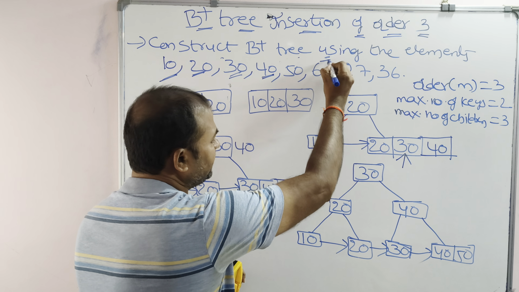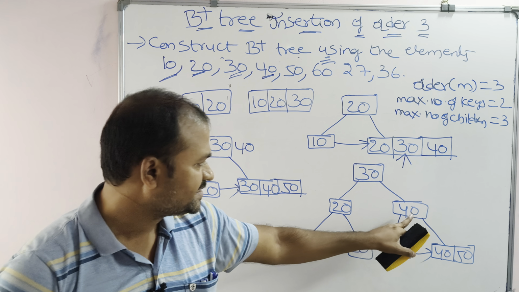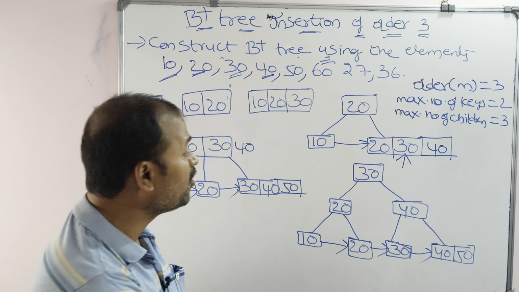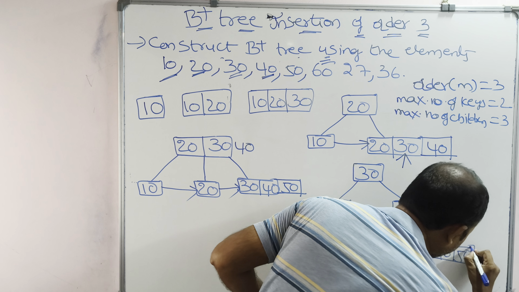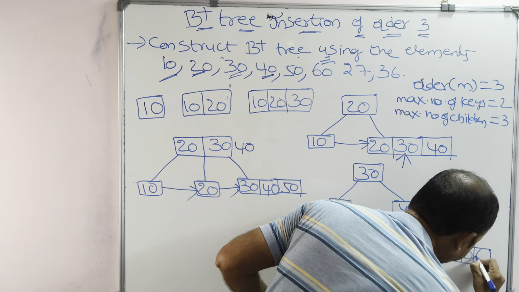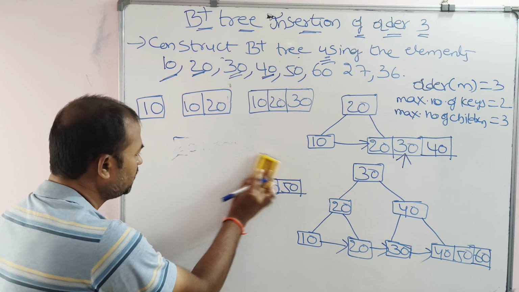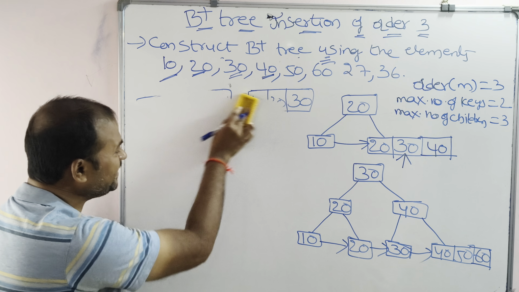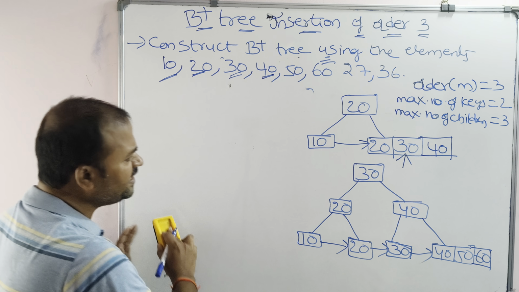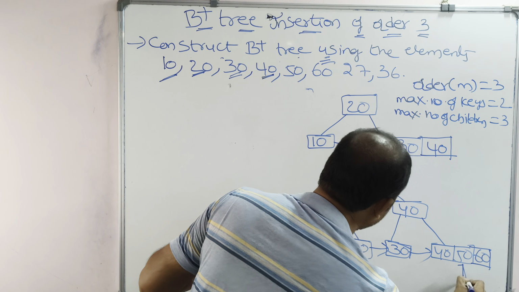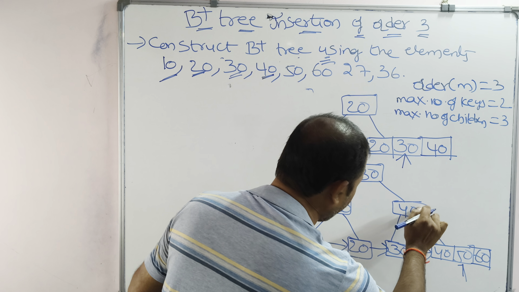Next we have to insert 60. 60 is greater than 40. So insert in this leaf node. So again the leaf node is full. So we have to perform the splitting. So here what is the middle element? 50 is the middle element. So move 50 to this parent.